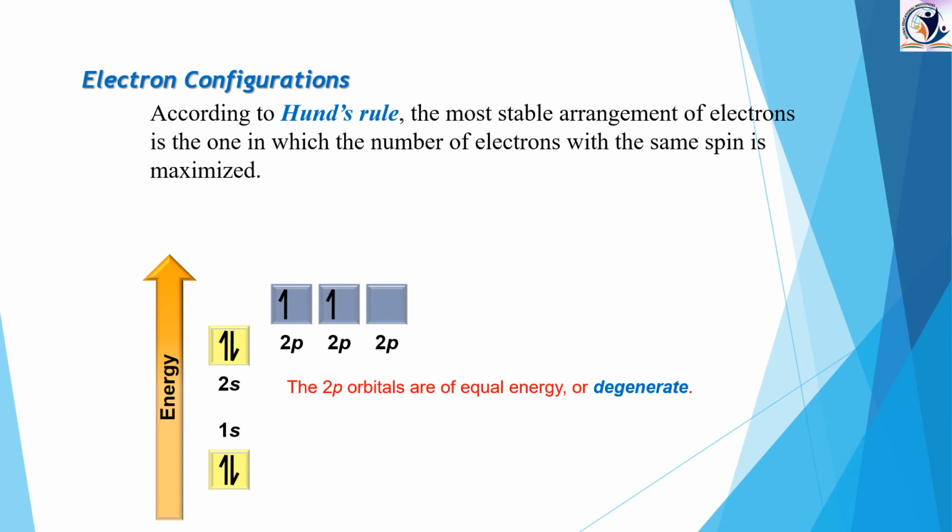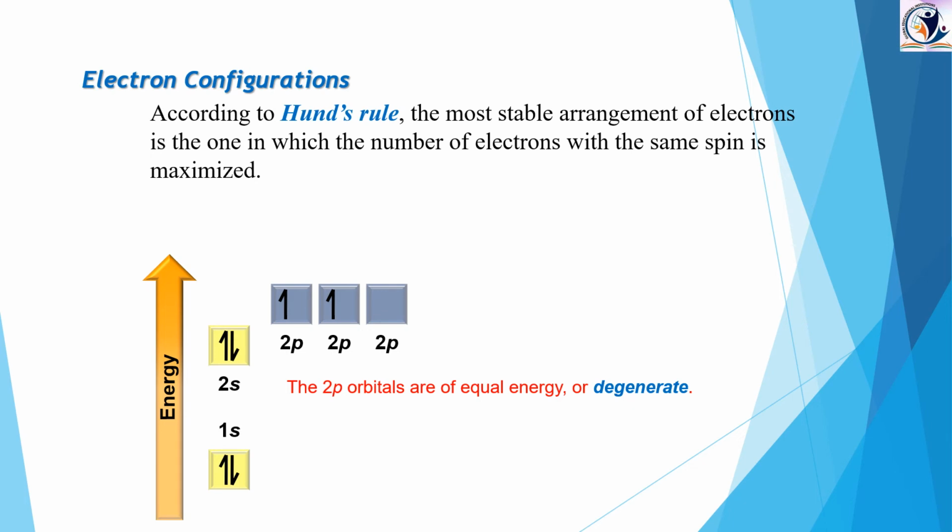I already discussed what degenerate orbitals are. Here, the p subshell has 3 degenerate orbitals: px, py and pz. Of course, px, py and pz all have the same energy. So, maybe you are thinking, ma'am, why should it start here itself? Why can't it start here?